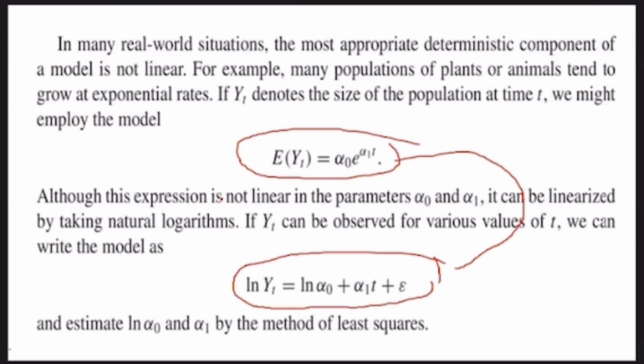And that is why the specification here is actually relating the population with time, except that the relationship here is non-linear. I don't know whether you guys have heard about something in economics, the Malthusian population theory, that tells you why population increases in geometric progression while food increases in arithmetic progression.